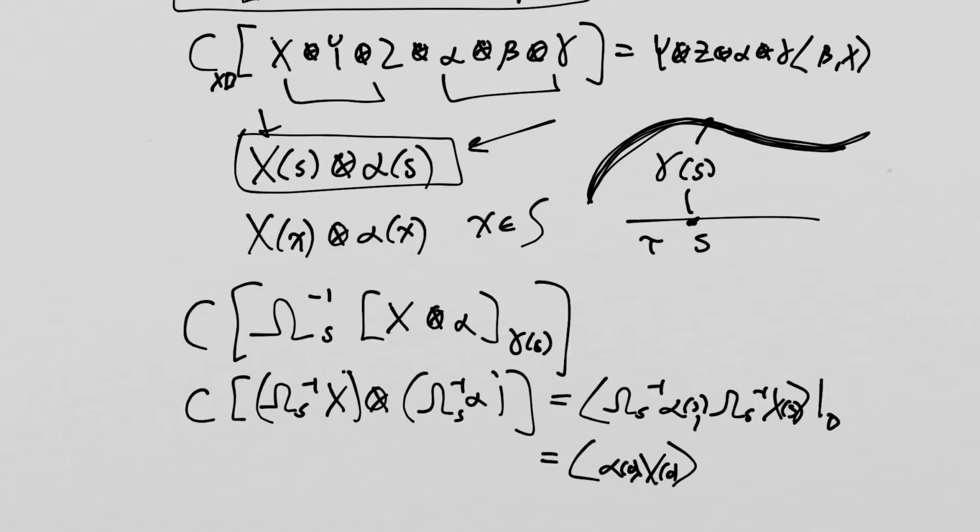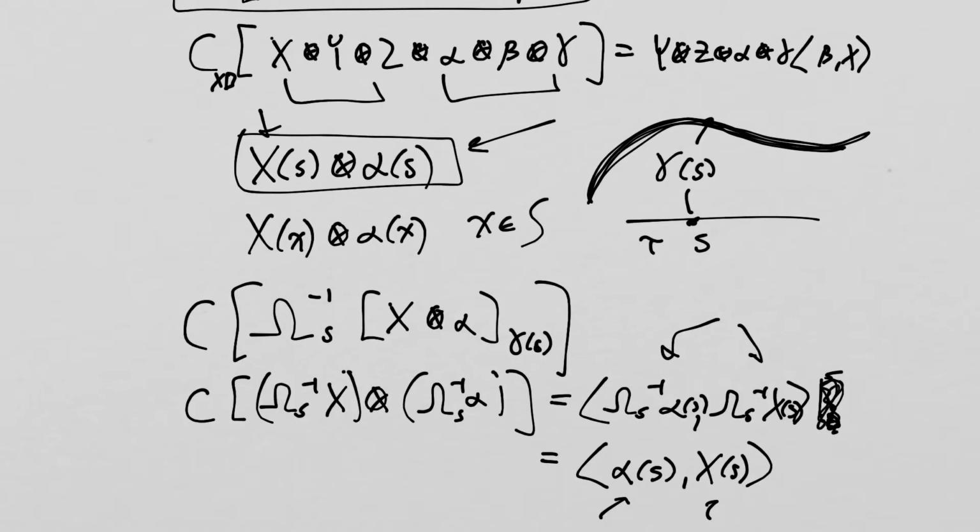So those should be the same. Wait a minute, that's not right. Sorry, that would be alpha s x s, right? If you parallel transport them away from s, it's the same as just taking it at s, right? Okay.